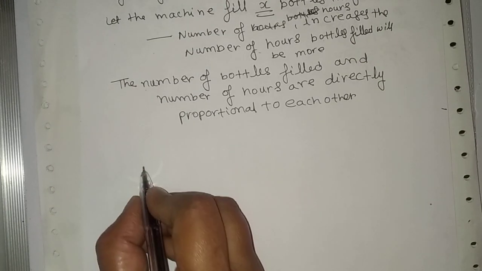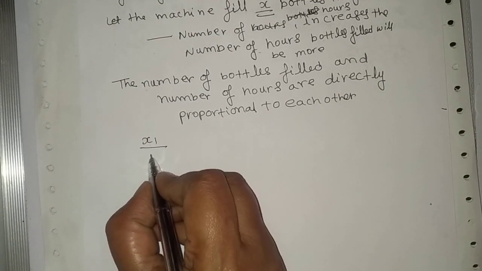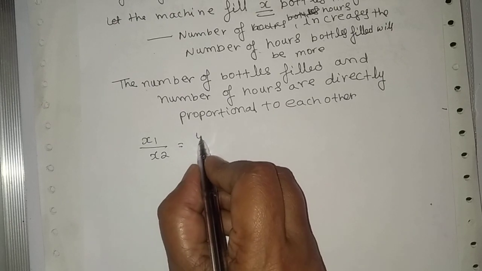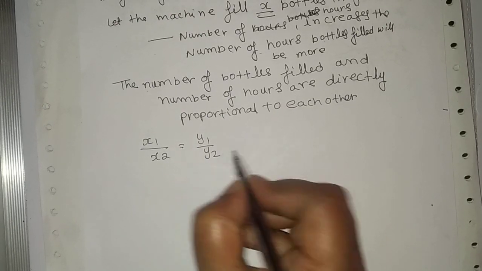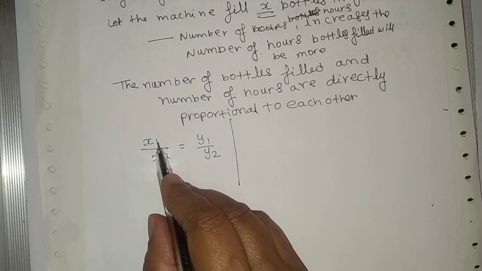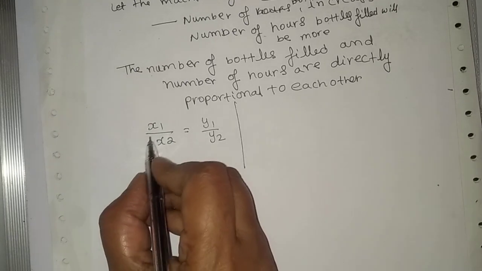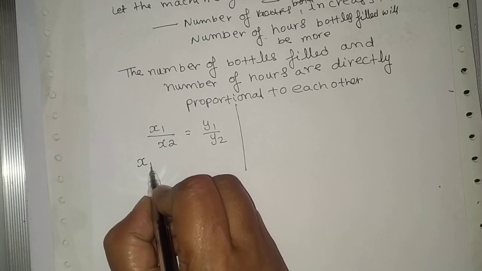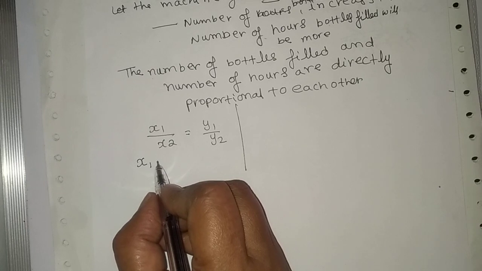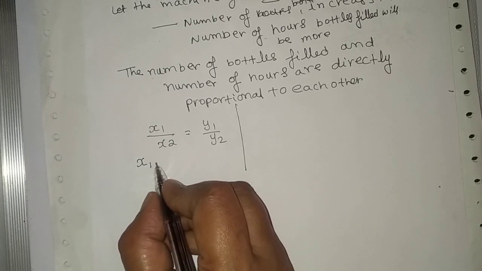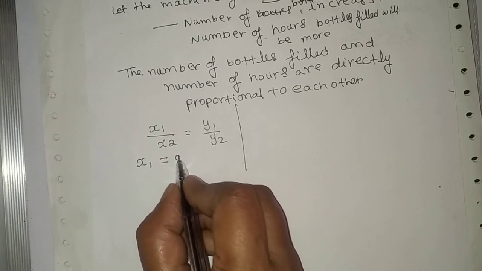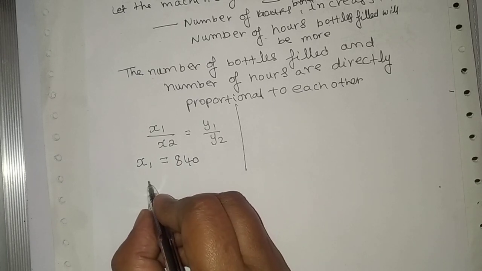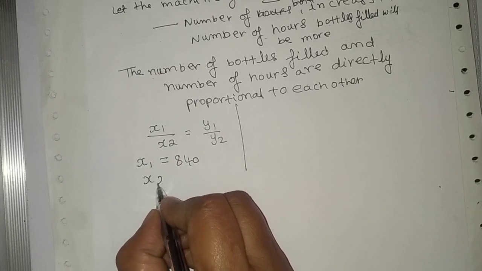So next, we take x1 by x2 is equal to y1 by y2. Then we'll substitute here. x1 will be 840 bottles, since the machine in a soft drink factory fills 840 bottles, and x2 we don't know.